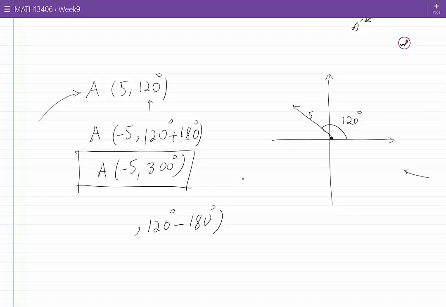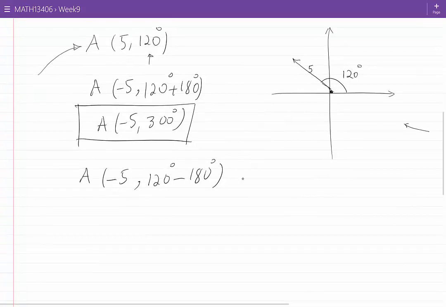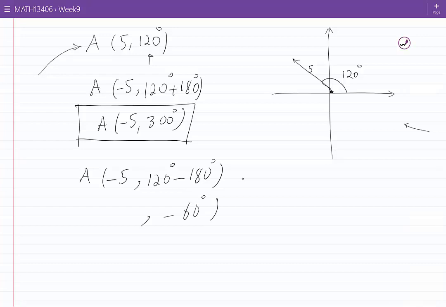Therefore, you multiply the length by a minus in order to flip the resulting vector back into the second quadrant. This would be yet another representation of point A with the angle between minus 360 degrees and 360 degrees. In fact, the angle is minus 60 degrees and the length minus 5.